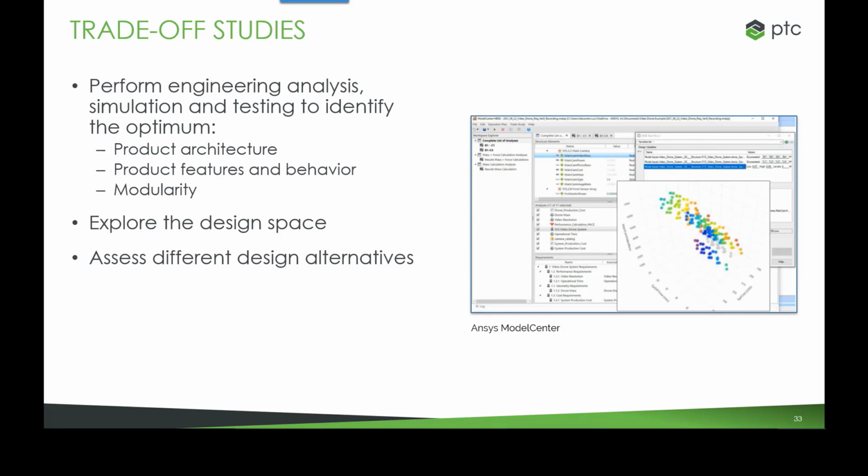It allows us to explore the design space and come up with different ideas on how best to deliver the capabilities needed. It gives you some concrete information that allows you to assess your different design alternatives. And this is a tool that Windchill Modeler can integrate with, called Ansys Model Center, that enables you to run these what-if design simulations.